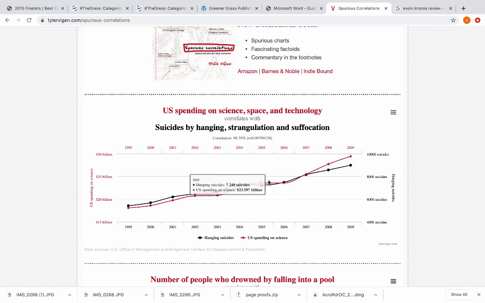But notice that between 1999 and 2009, U.S. spending on space science and technology was statistically relevant to suicides by hanging, strangulation, and suffocation. So if you just relied on statistical relevance, you would say you could explain one by pointing to the other. But of course you can't, which shows that the model isn't sufficient.